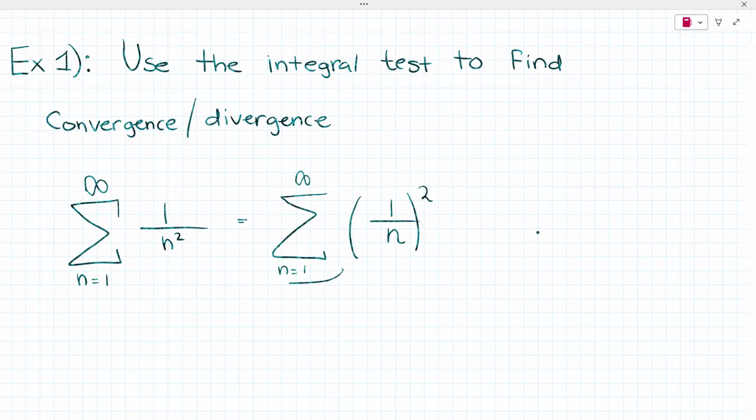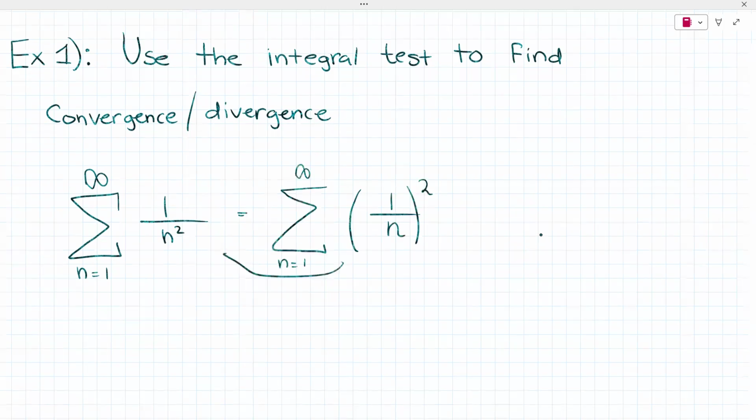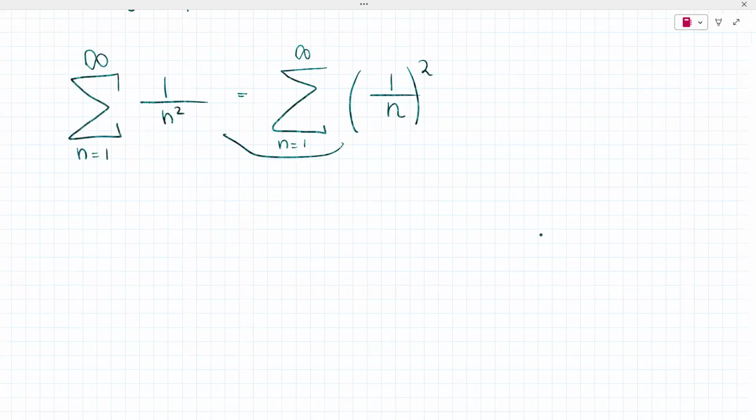This is the same thing as this. So it's a p-series. Our p is 2, which is greater than 1. And you can use the p-series test or you can use the integral test.